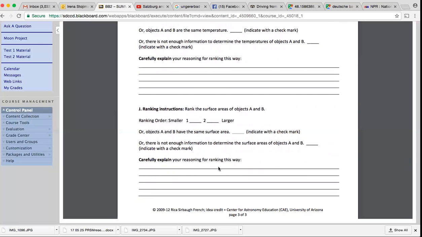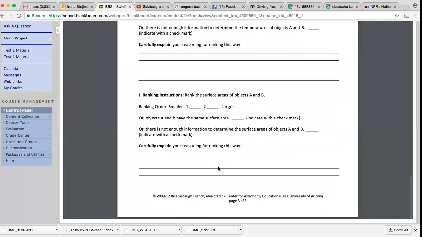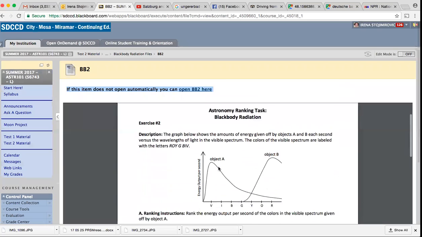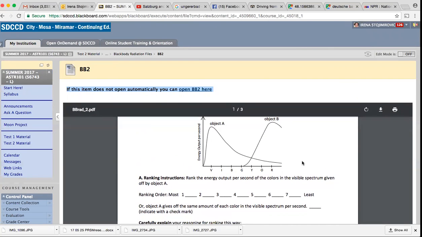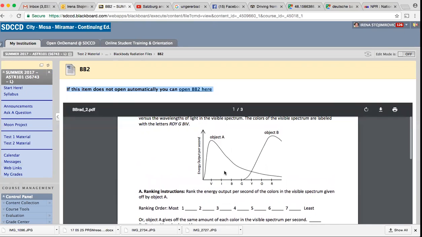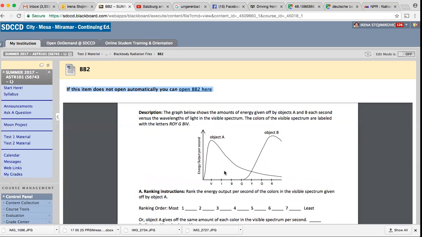I think object B had a larger surface area. Very good. And what's the explanation? Due to the area underneath the curve. Now that area underneath the curve, is that the surface area of the object, or is it something else? That is the luminosity. Very good.